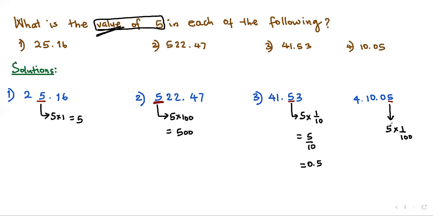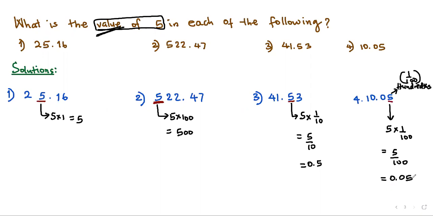So we are having 5 and we are having the place value of 5, which is 100. So 100 means 1 out of 100. So that's why we have 5 times 1 out of 100. And this is 5 out of 100, which is the same as 0.05. You understand that? Yes. Okay, that's very good.